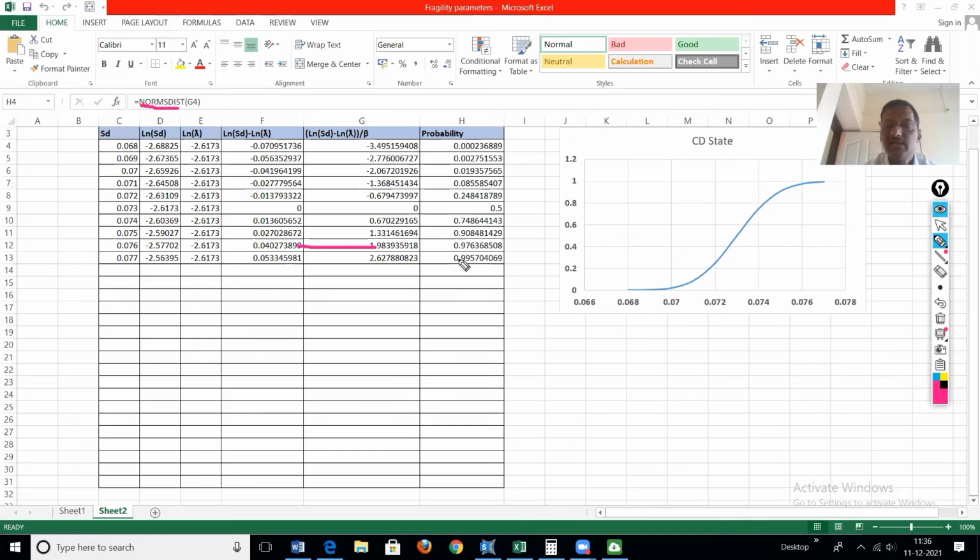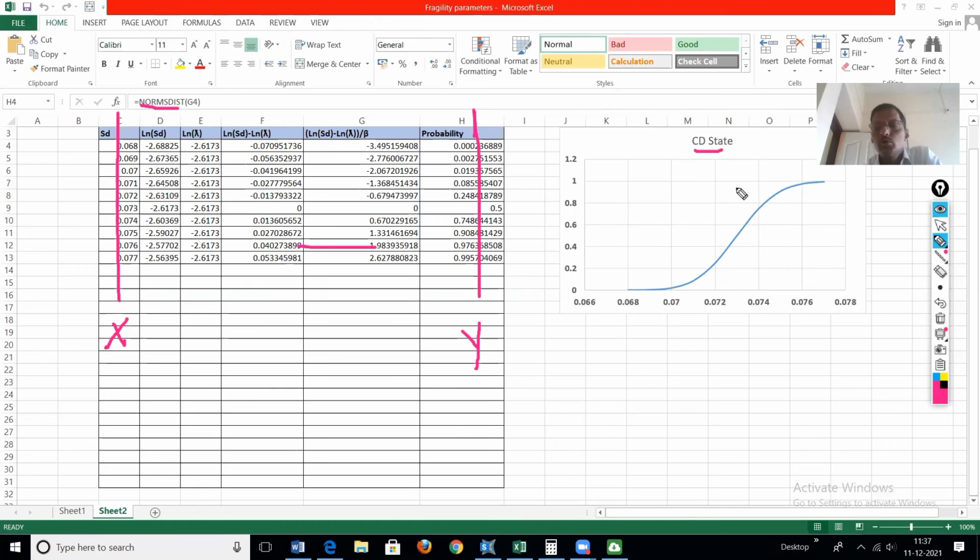Like this you will get all these values. These are the probabilities. Then plot this column on the y-axis and SD on the x-axis, and we will get the fragility curve. This is the fragility curve for CD damage states.